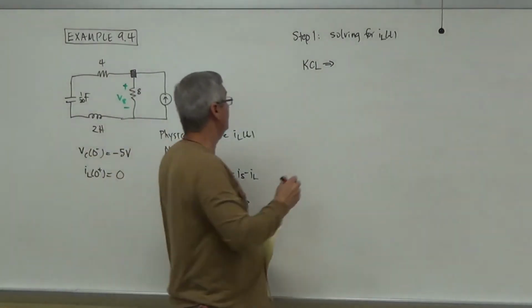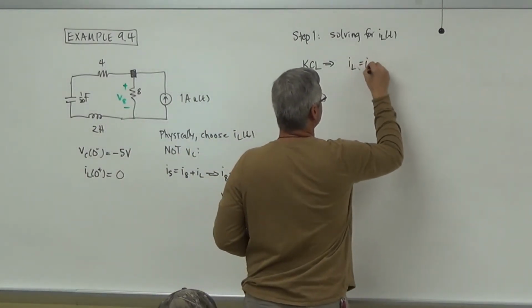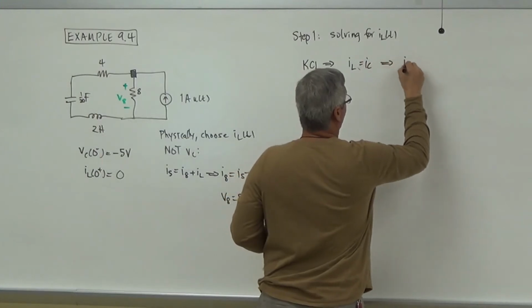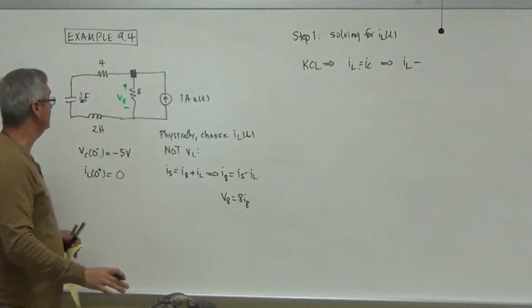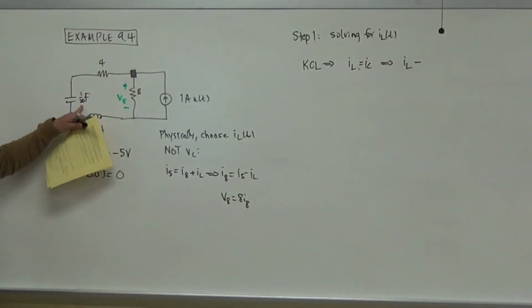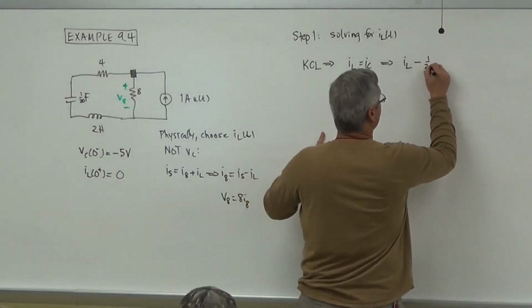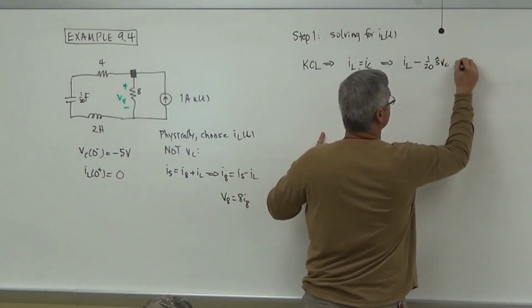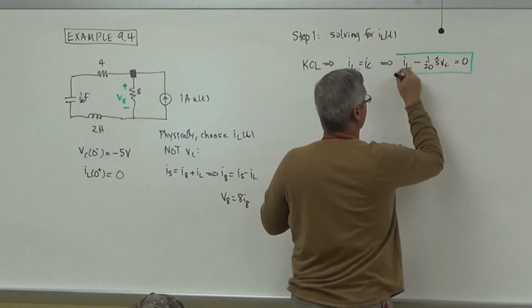So IL has to equal IC. I bring this over to the other side, and then I look at the capacitor value and convert IC, so I get 1/20 s hat VC equals 0. That's my first equation.